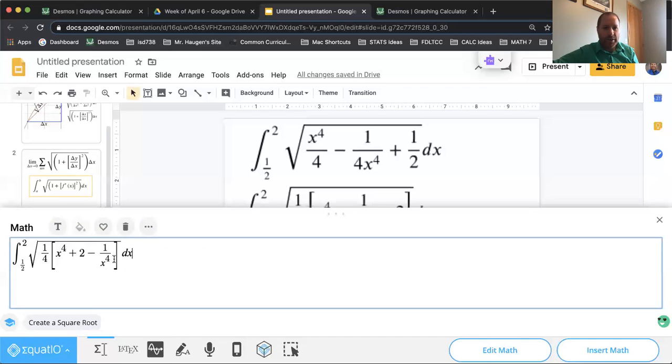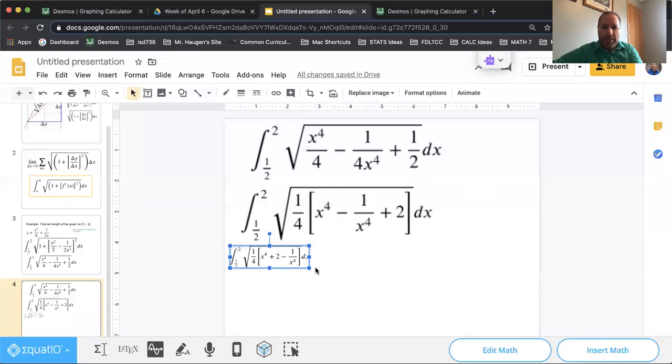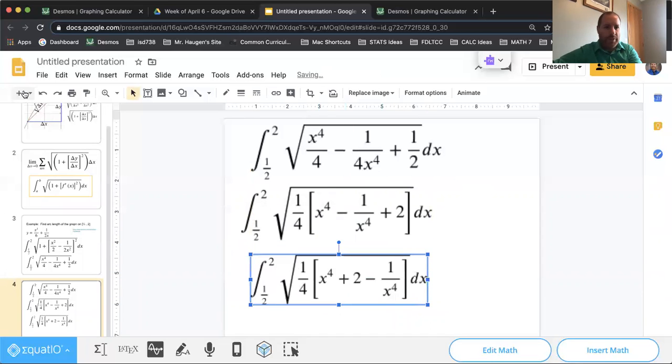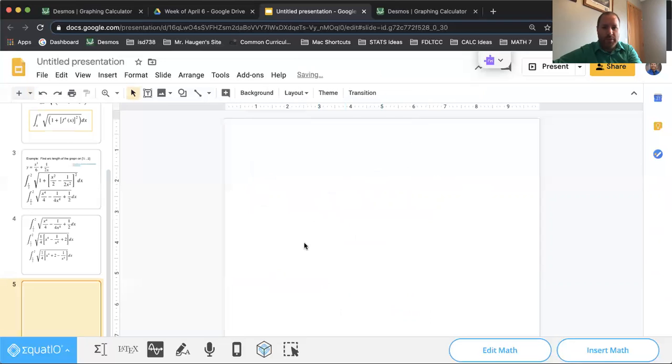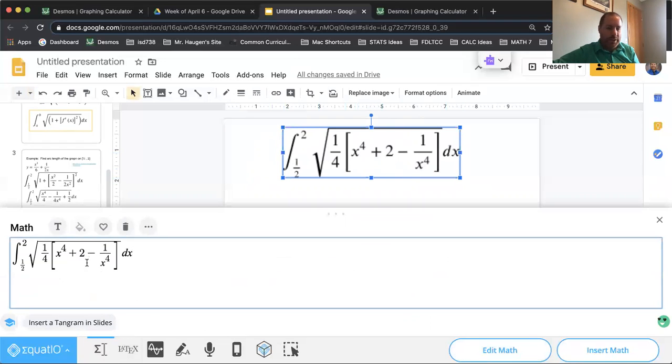So in here, this whole portion can factor a little bit. Let me insert it in so we can see it.